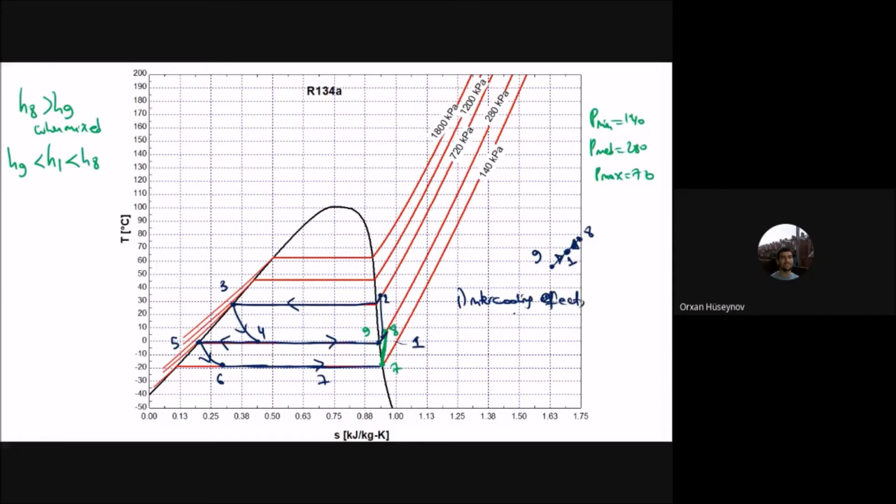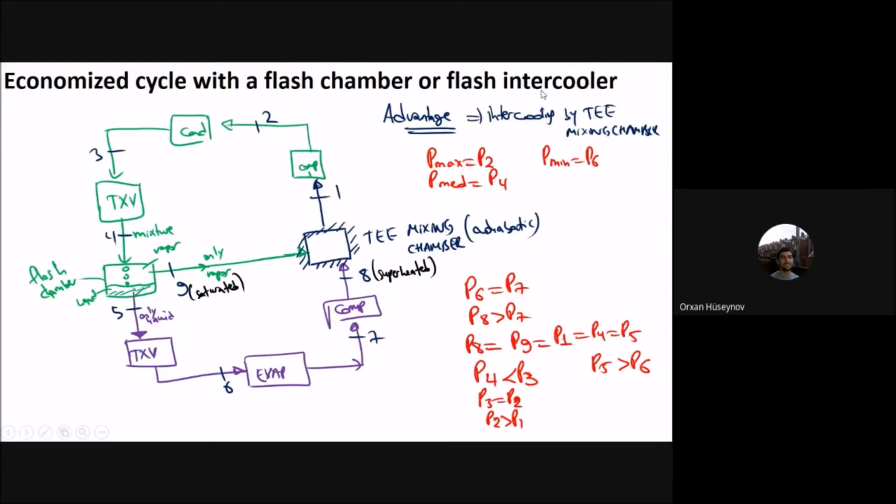That intercooling effect allows H8 to drop to H1. This is the first advantage, and the second advantage is that if you have not used this cascade system, you have to expand it from 3 to 6 prime. So the QL advantage is equal to H6 prime minus H6. Good. That's it.